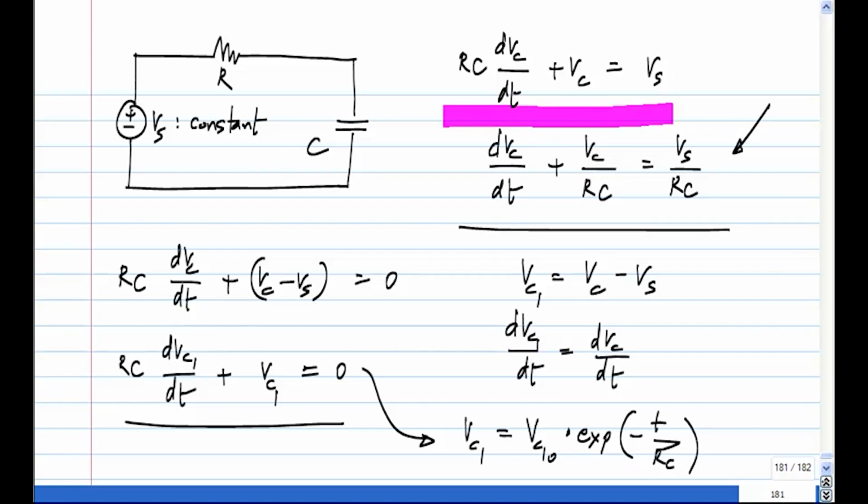So what's the solution for Vc? It's Vs plus this Vc10 exponential minus t by Rc. Okay, and then Vc10 has to be again found from initial conditions. Okay.